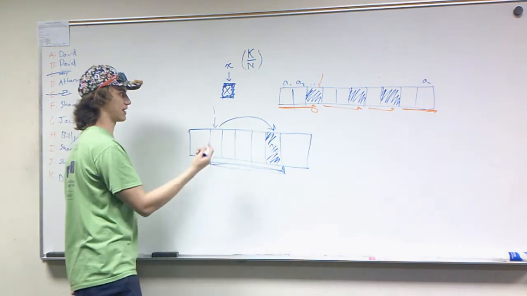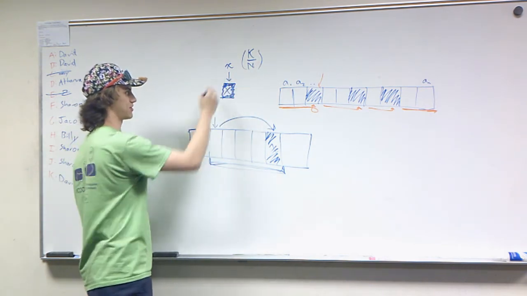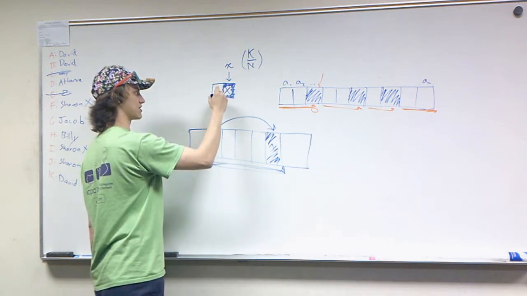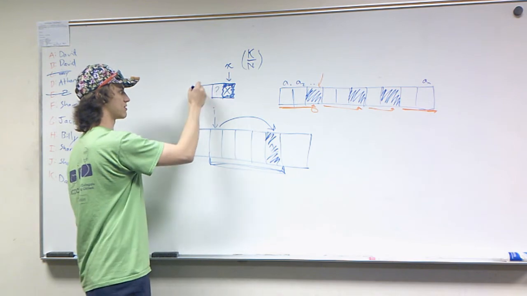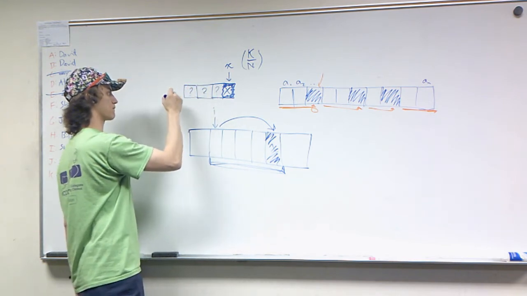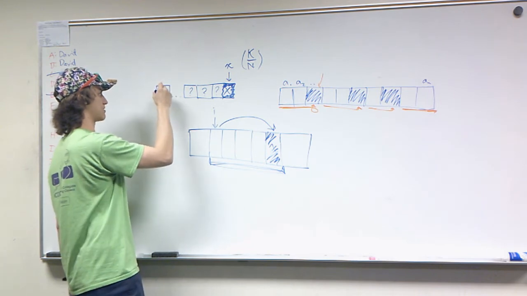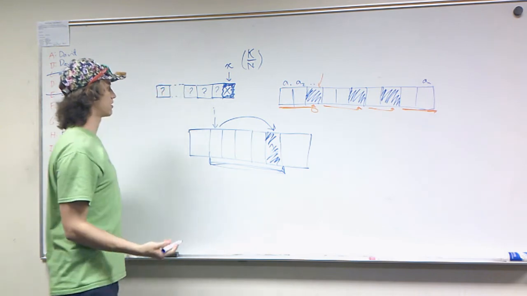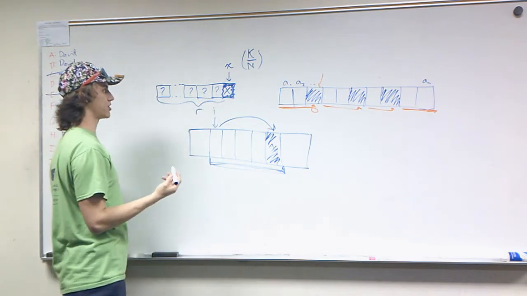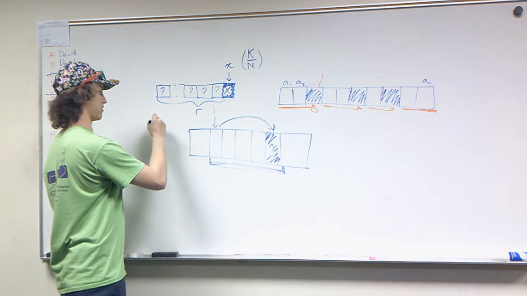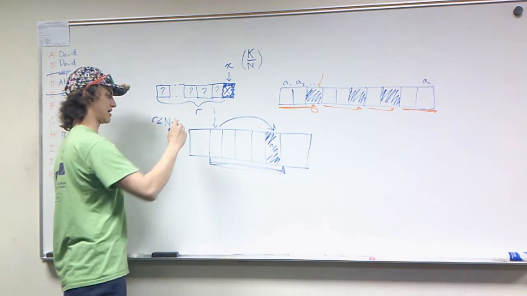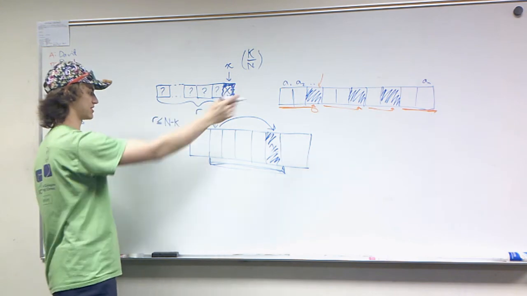Now that we know we definitely are going to have this box in our configuration, we want to know what the probability is that we don't select this box, and that we don't select this box, and so on. We need to not select some number of boxes before it. So if there are r boxes here in our run, we know that the run length has to be less than or equal to n minus k, because this is the number of boxes that we don't select in the array the entire time.